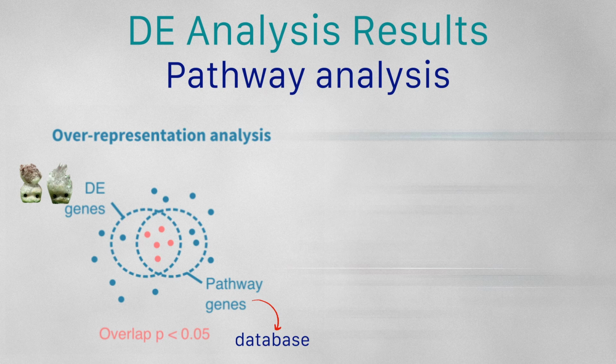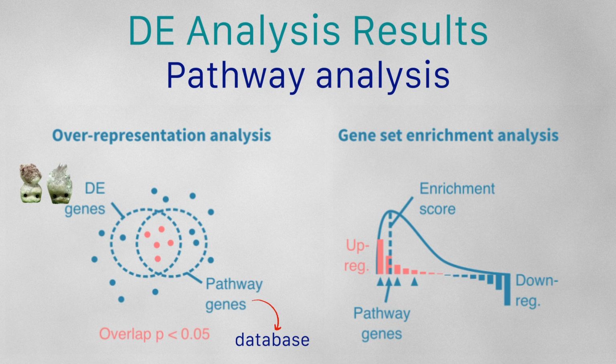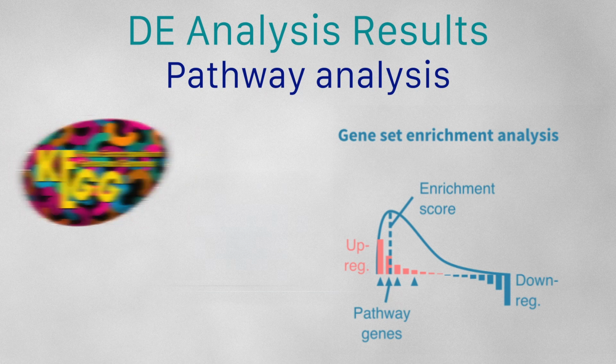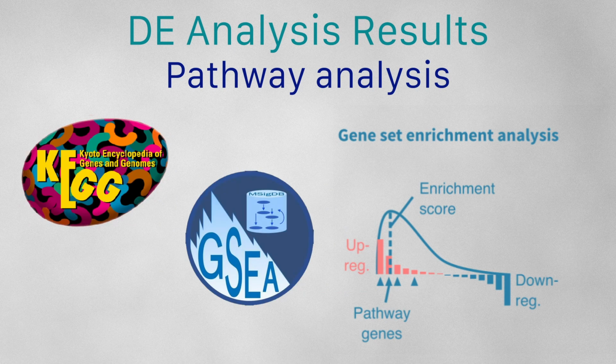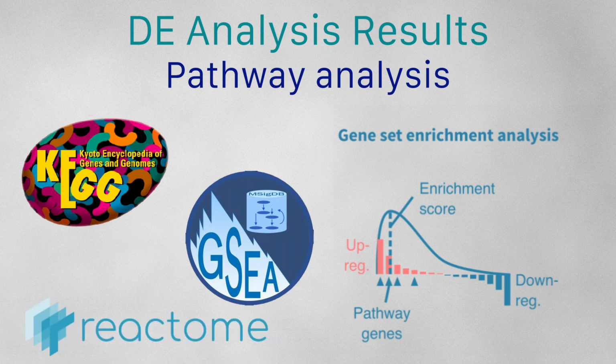And so you can also utilize gene set analysis tools to identify enriched pathways and check for overlap of overexpressed or underexpressed genes in your data with known gene sets in existing databases, such as KEGG, MSigDB, which contains the gene ontology features, Reactome, and other such databases.